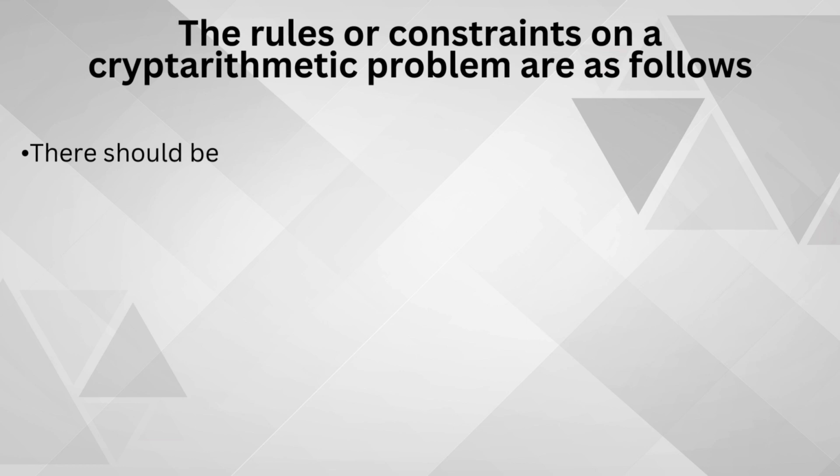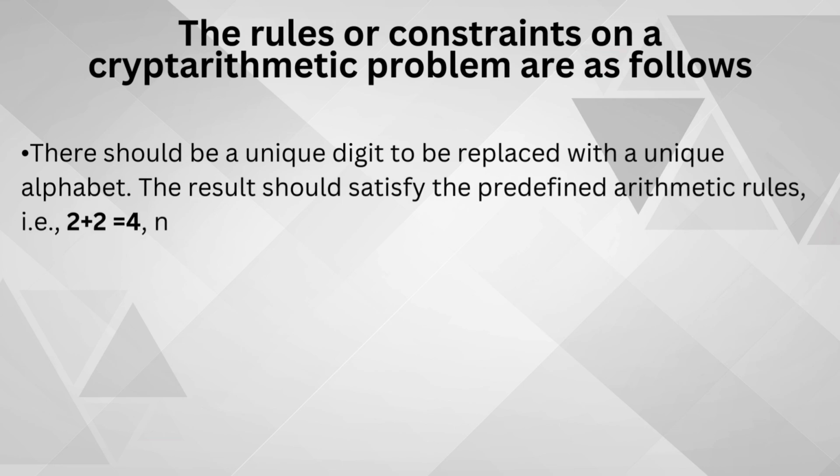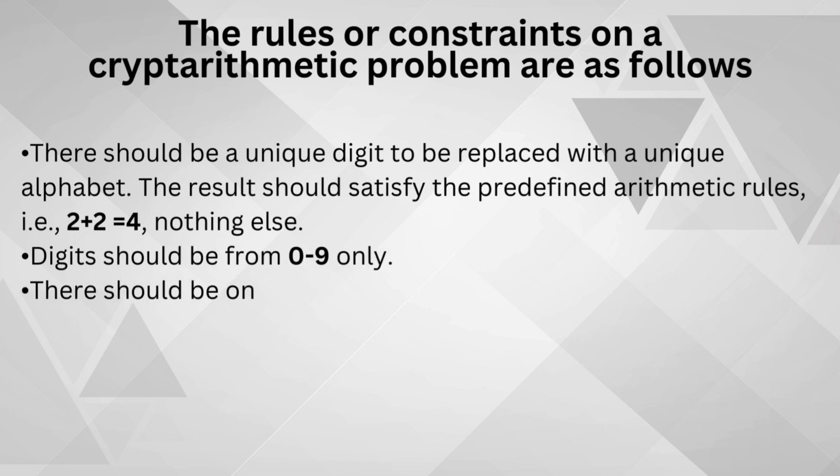The rules or constraints on a cryptarithmetic problem are as follows. There should be a unique digit to be replaced with a unique alphabet. The result should satisfy the predefined arithmetic rules.